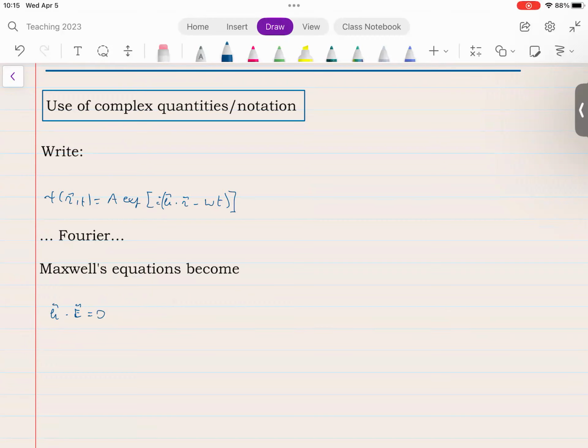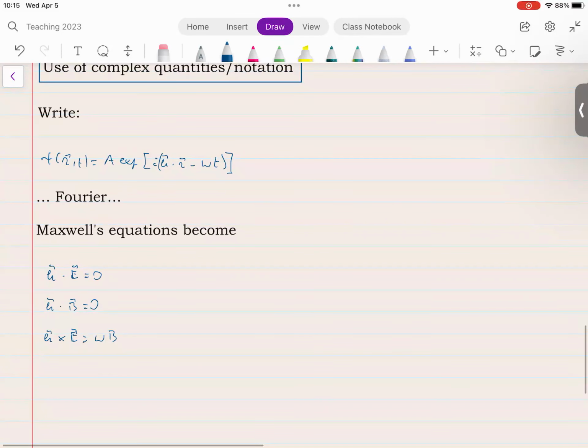The divergence of E turns into k dot E, divergence of B turns into k dot B, and k cross E is equal to omega times B, and k cross B is equal to minus omega over c squared E.